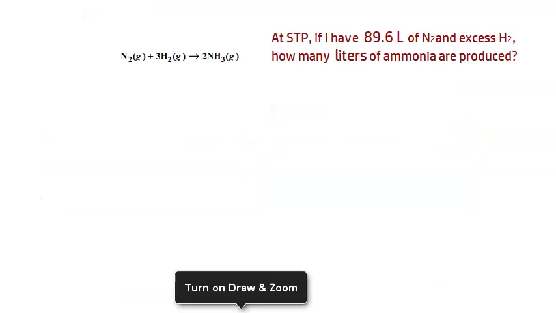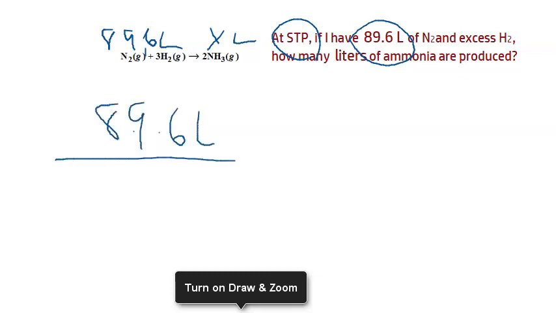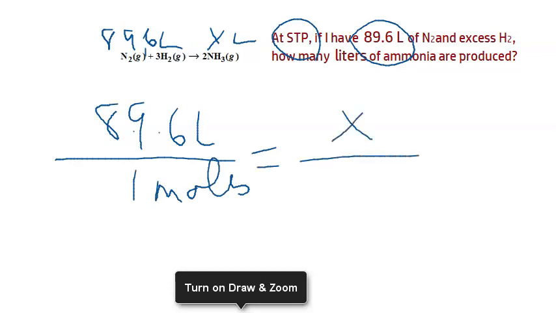In this balanced equation, as long as I'm at STP, I can calculate the volume of ammonia. I'm going to put X liters here, starting with 89.6 liters of nitrogen and excess hydrogen. Well, excess hydrogen means I'm not going to run out, right? And my 89.6 here means I can just use the mole ratio in order to solve this question. 89.6 liters over 1 mole is going to be equal to X over 2 moles.